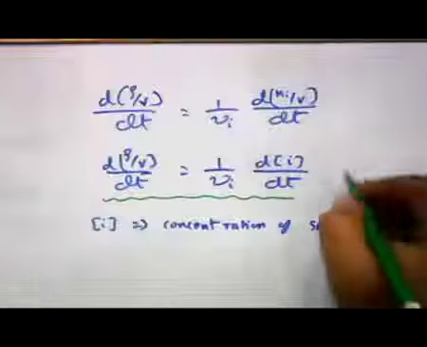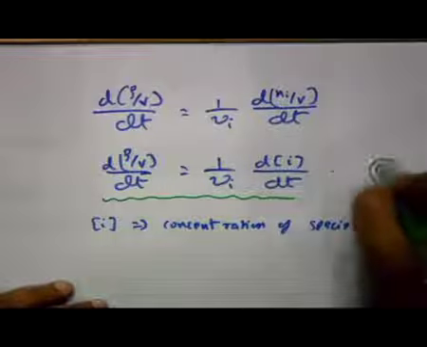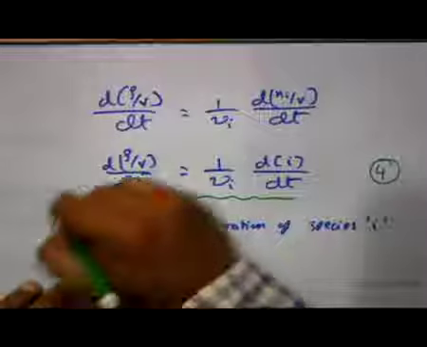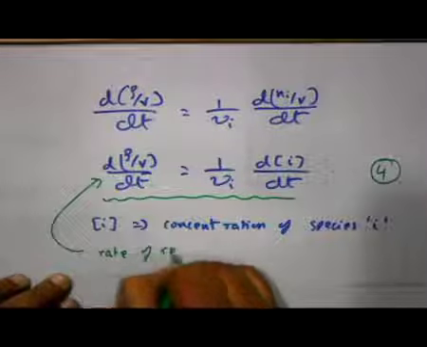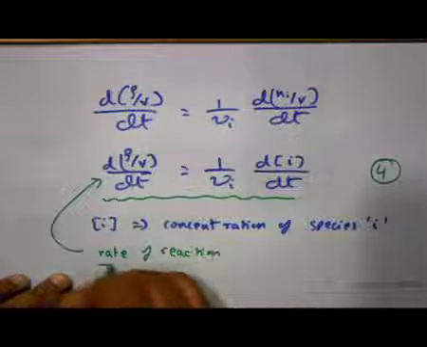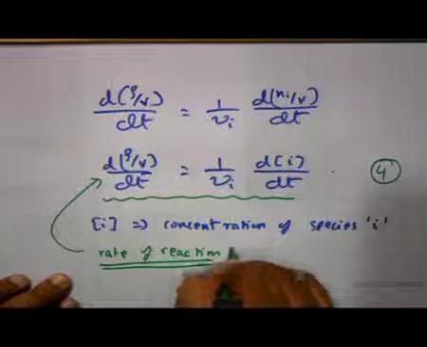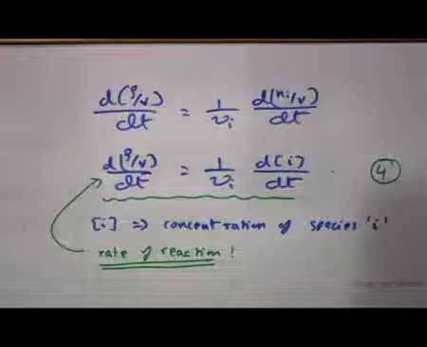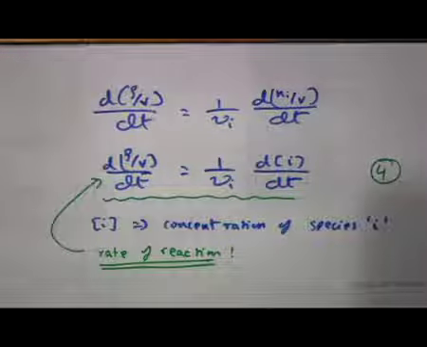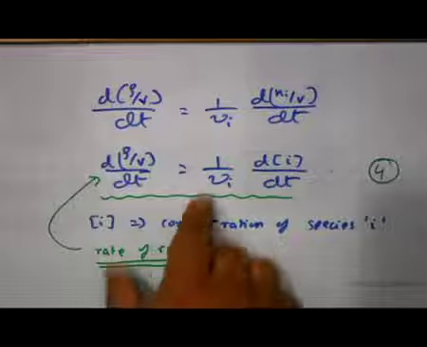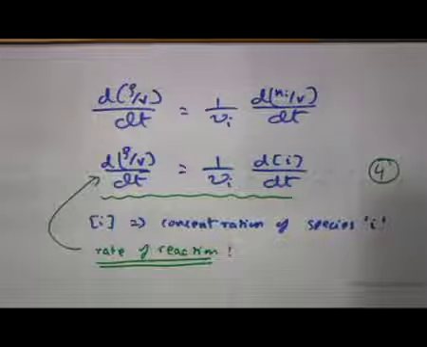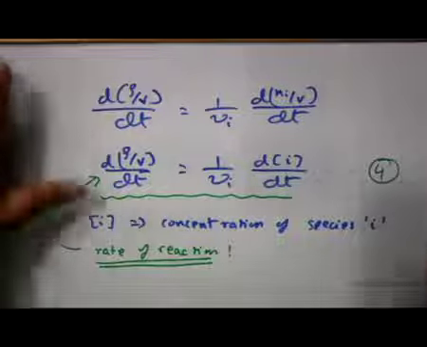Let me give this equation number 4, and remember now this is the rate of reaction. The rate of the reaction has this expression, given by the change in concentration of the species i with respect to time, weighted by the inverse of the corresponding stoichiometric coefficient of species i.